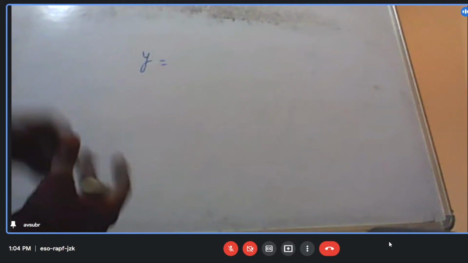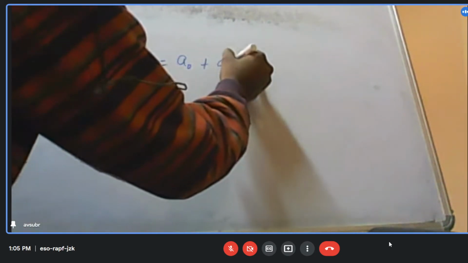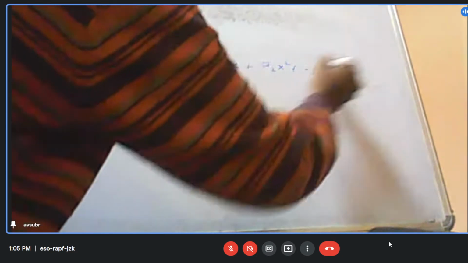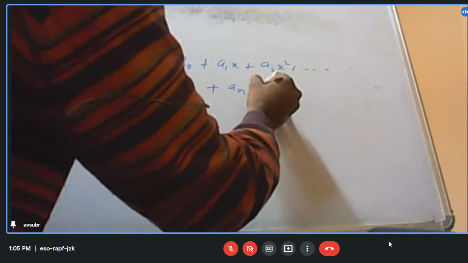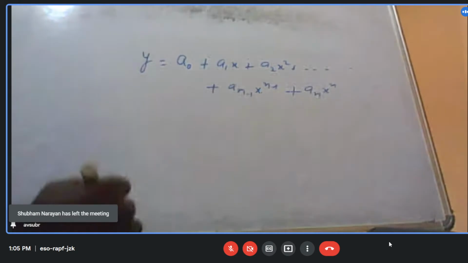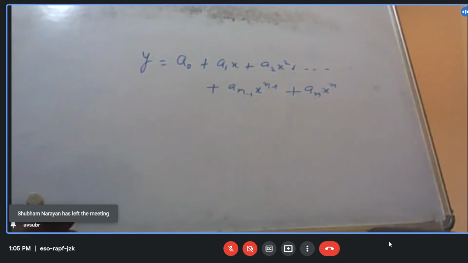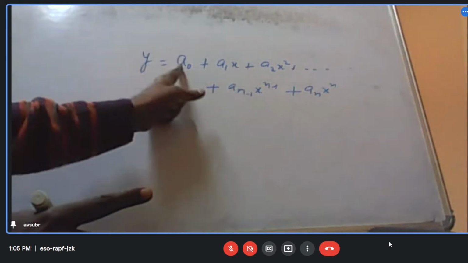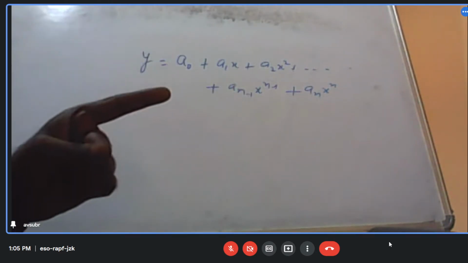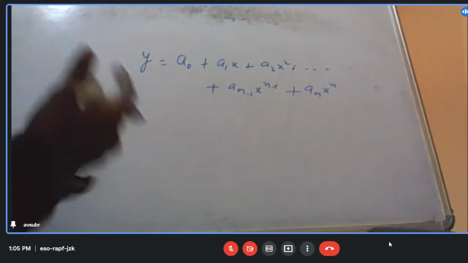So now let us say that I have y, which is given by a0 plus a1x plus a2x square plus an minus 1 x to the power n minus 1 plus an x to the power n. How many terms are there? N plus 1. What is the degree of this polynomial? N. So I am considering an n degree polynomial.